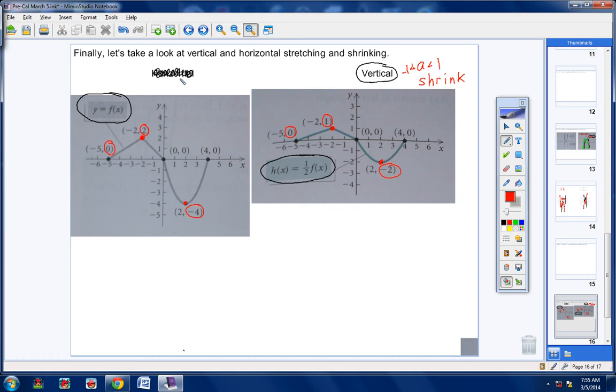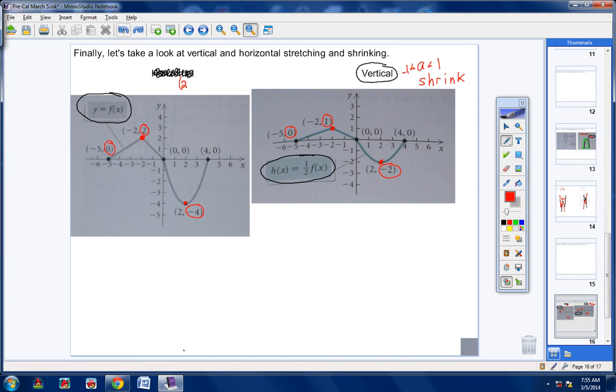Now remember, with horizontal shifting it was the opposite. Remember when you multiplied the entire function by 2, look back in your notes, whatever the function was, you were really not multiplying the x values by 2, you were really dividing by 2. Well, vertical is the complete opposite of all this.